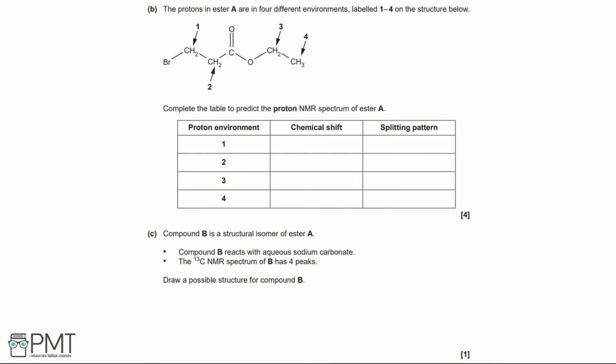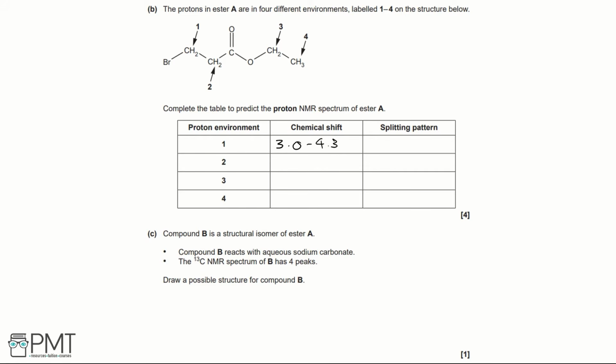Part B. The protons in ester A are in 4 different environments, labelled 1 to 4 on the structure below. Complete the table to predict the proton NMR spectrum of ester A. Chemical shift values we can get from our data sheets that were given in the exam. So for proton environment 1, the chemical shift values are 3.0 to 4.3.